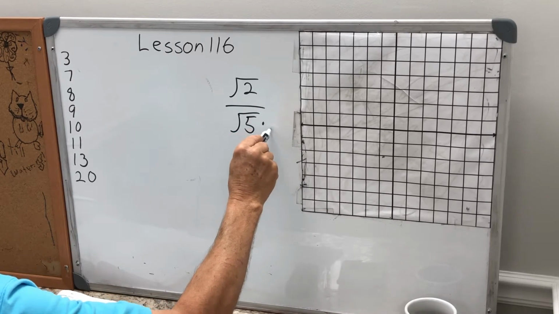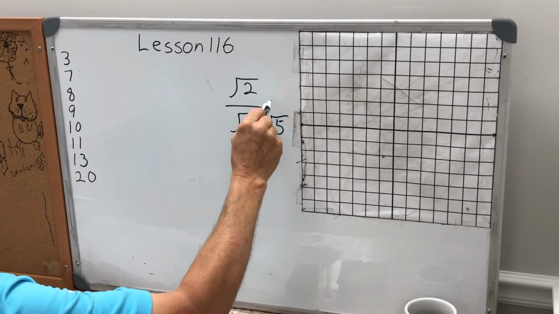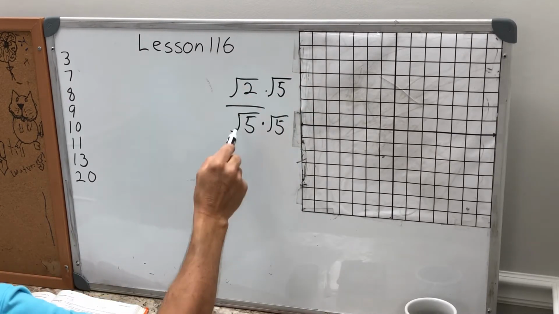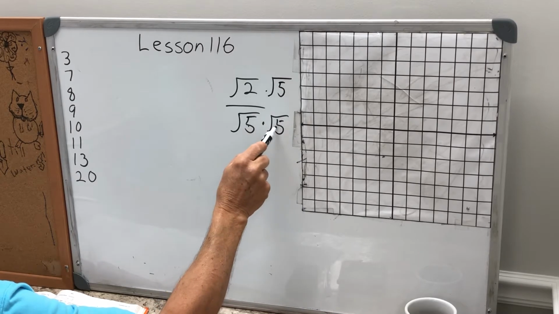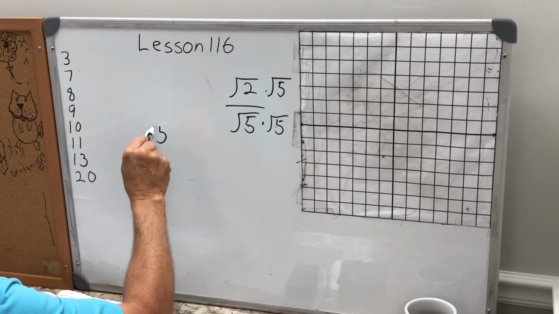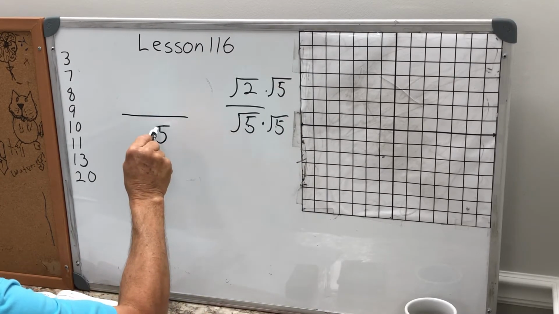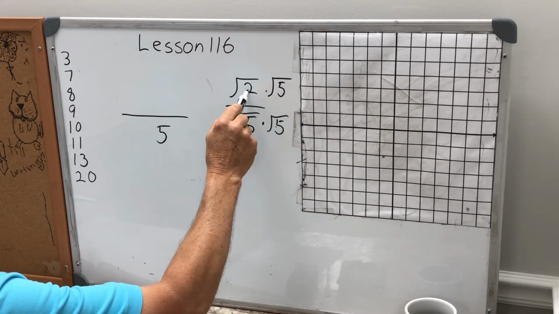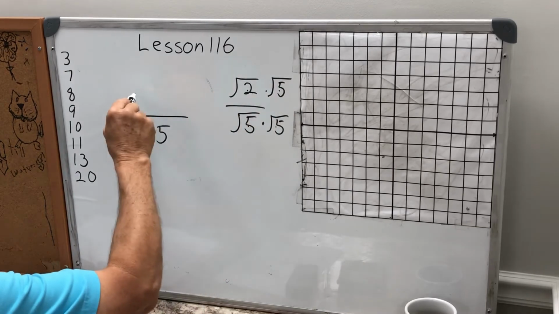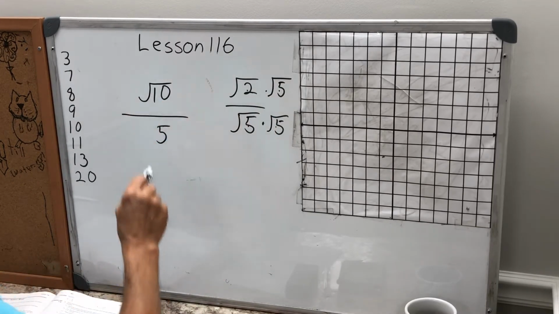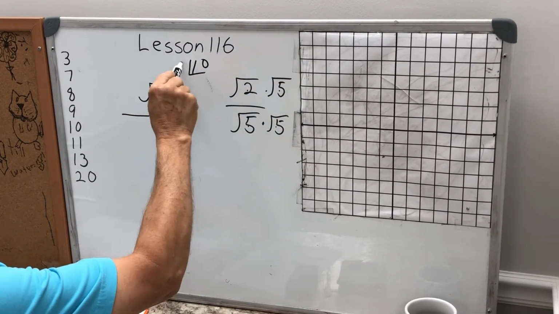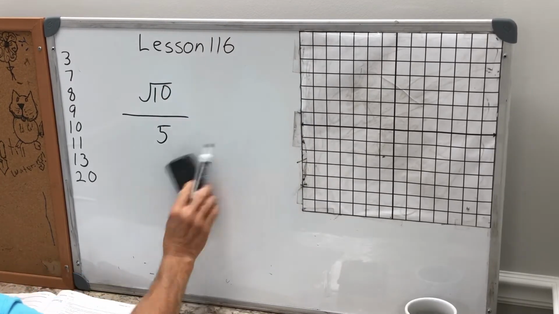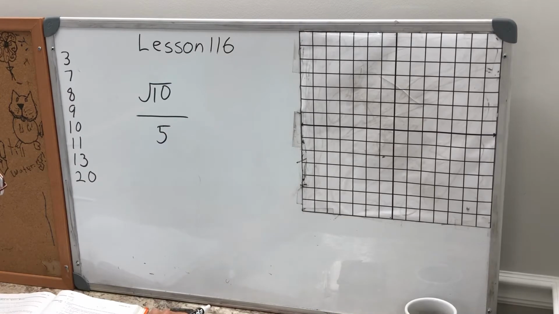What do we do? We multiply it times another square root. What we do on the bottom, we must do on the top. So now square root of 5 times the square root of 5 equals 5. We demonstrated that previously. And then square root of 2 times the square root of 5 is the square root of 10. Can that be reduced down? No, it cannot. So we've reduced everything down, simplified it as far as we can go. There is your answer.